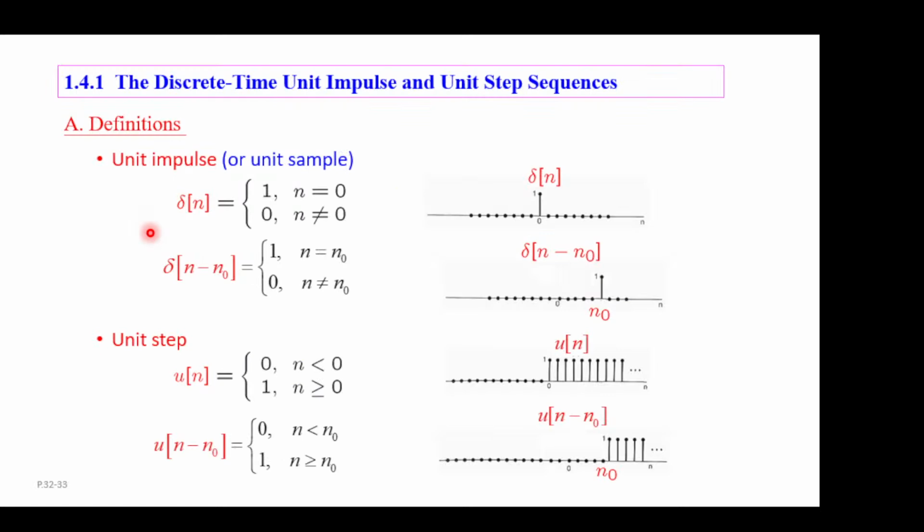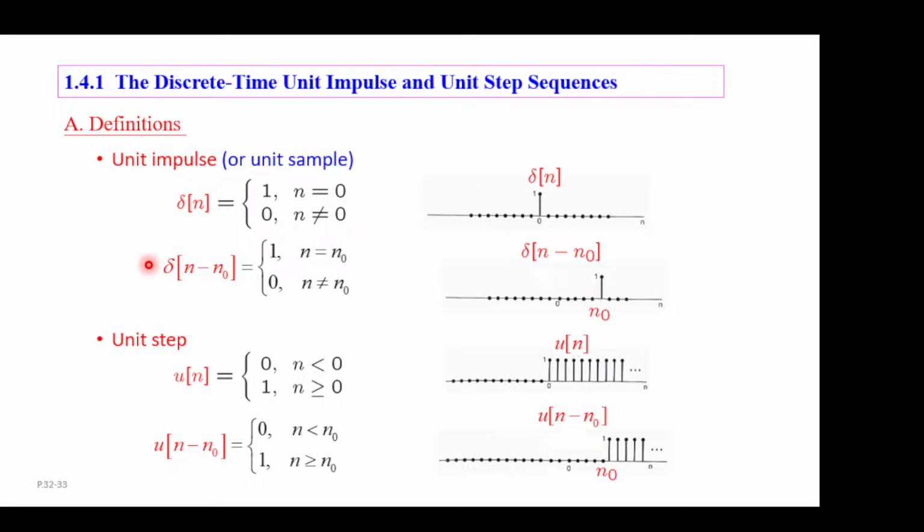Anyway, let's switch to the next topic: those two very useful functions that we define, the unit impulse and the unit step. The unit impulse is the simplest function you can think about. It's a function equal to 1 at n equals 0 and 0 everywhere else.